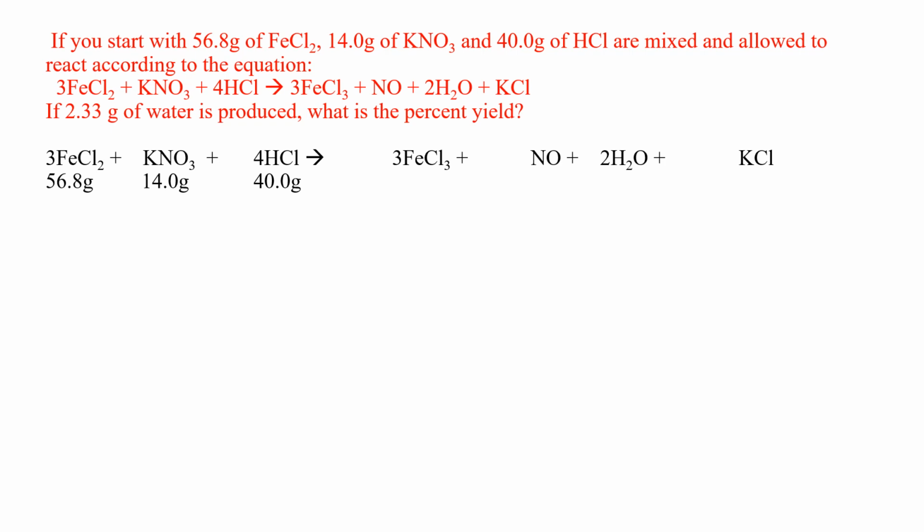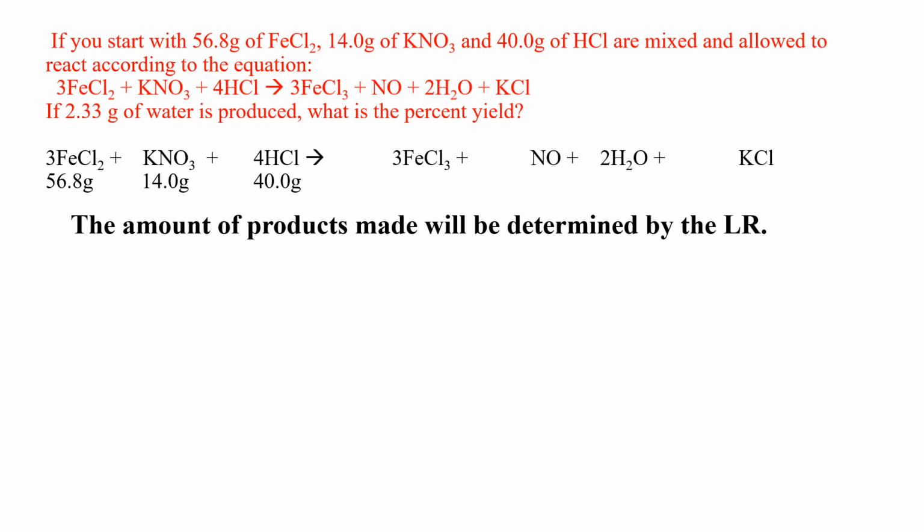Now, of course, I could also ask you this type of question. What if the question says if 2.33 grams of water is produced in the lab, what is the percent yield? Well, remember, first of all, the amount of product made will be determined by the limiting reagent.